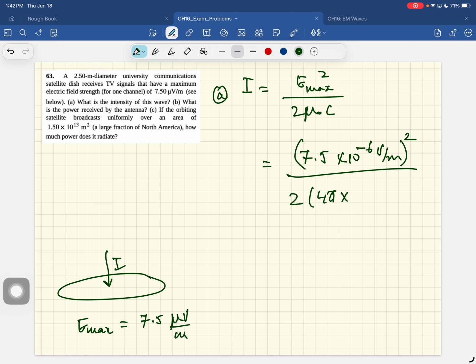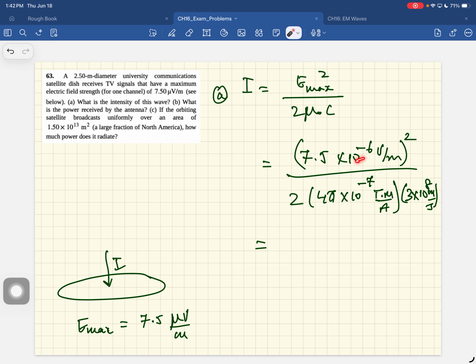That is the power you're feeding to your electronics. This dish gathers light and feeds the electronics that much power, and you're able to operate. So the more sensitive your instrument, the less power the satellite has to emit.